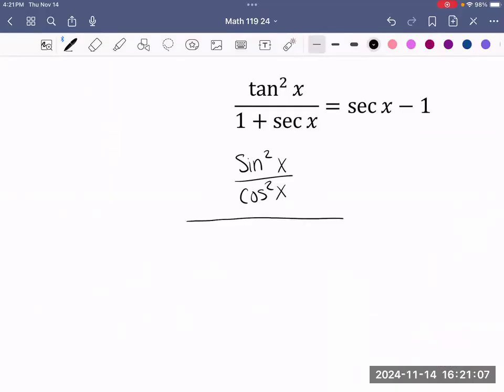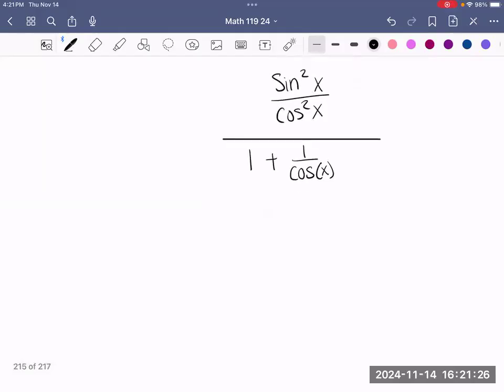So that is all over 1 plus 1 over cosine x. And again, I'm just working on one side. When you first get started, one tactic is just to rewrite everything in terms of sine and cosine. All right, next, let's clean up your denominator. What would we like to do on the denominator?